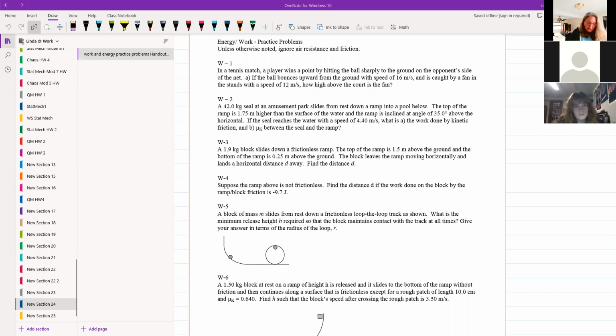And what I'm going to start with to get us thinking about this is this example 5. It's one of the more common problems that you see because it incorporates so much. So the important thing to remember here is that even though we're switching to work and energy, well, work is nothing but a force applied over a distance.